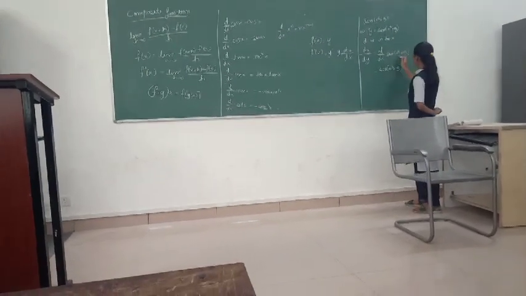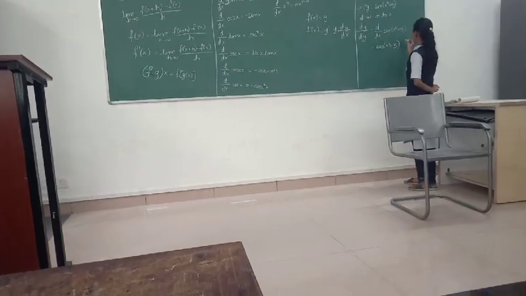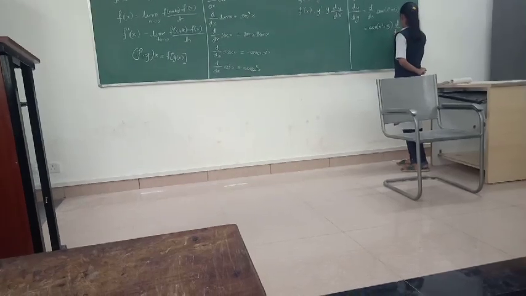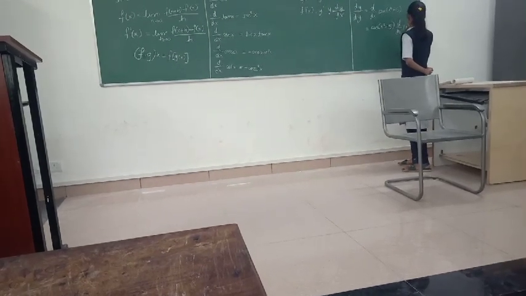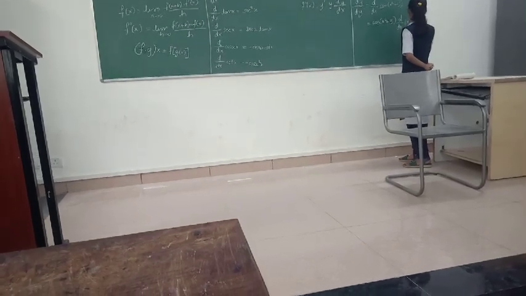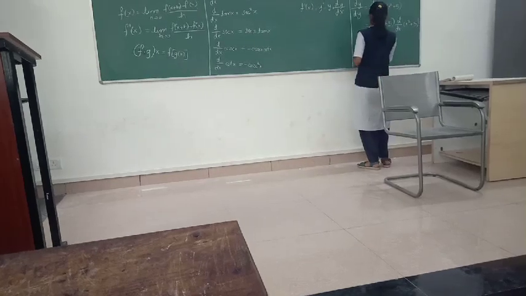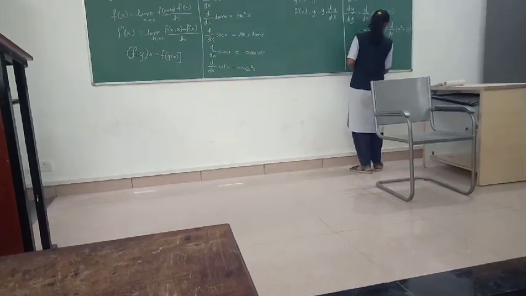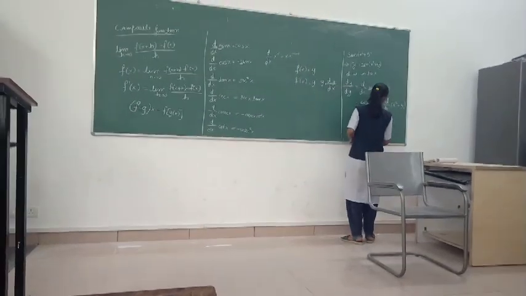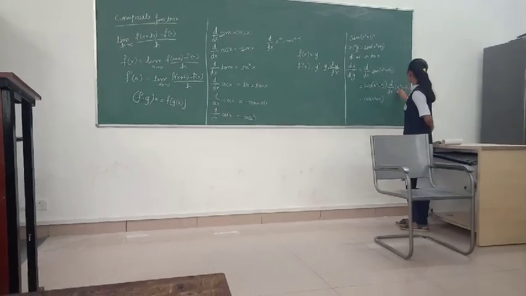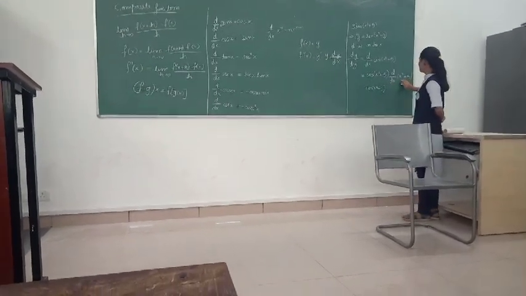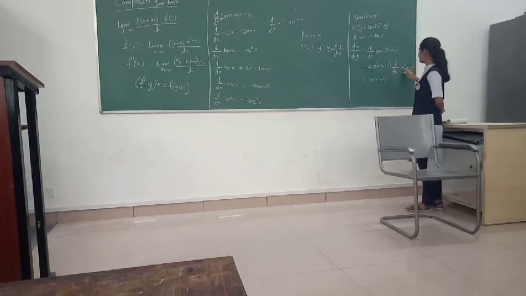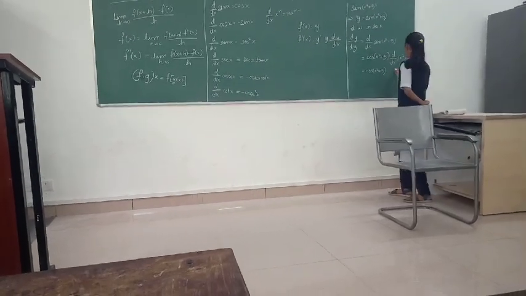Then we should differentiate x square plus 5. It is in the form of x power n. d by dx of x power n means n x power n minus 1.